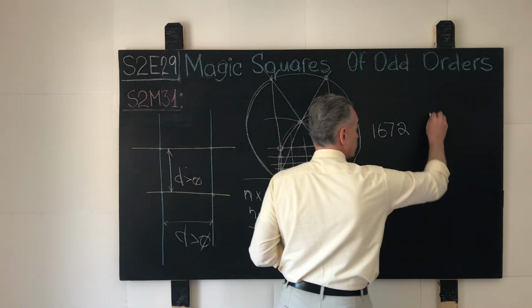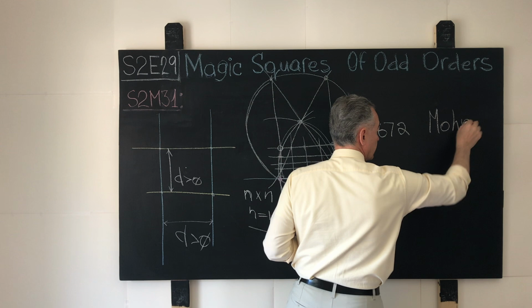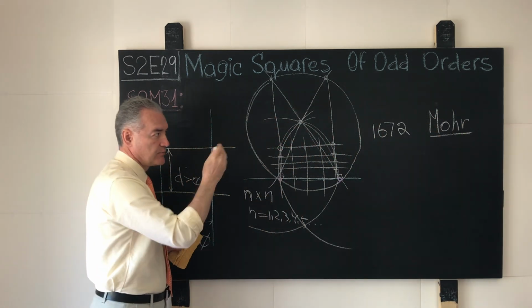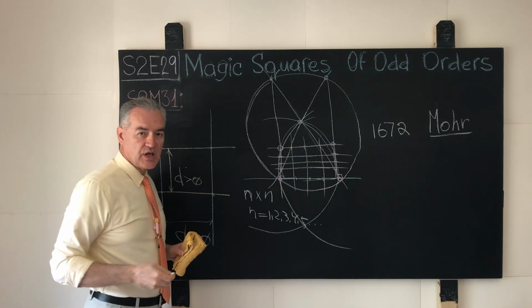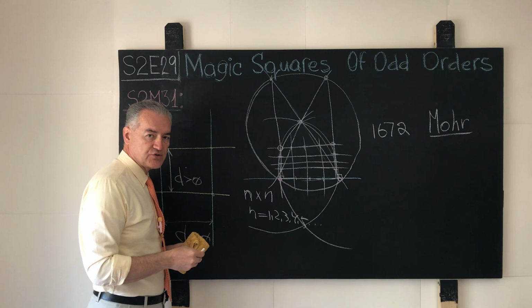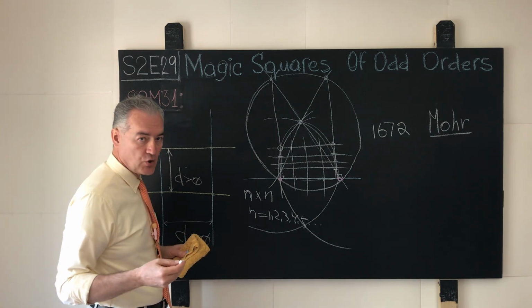And that book was written by a Danish mathematician. His name is spelled over here, Mohr. And in that book, Mohr published a proof that showed that any construction that can be done with the Euclidean straight edge and compass can be done with a compass alone.